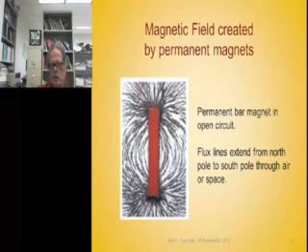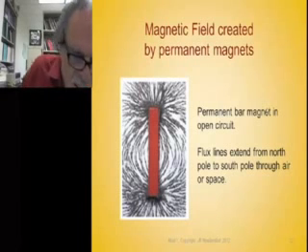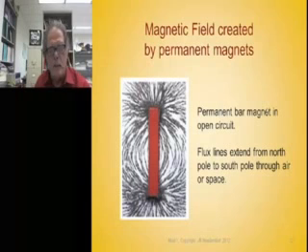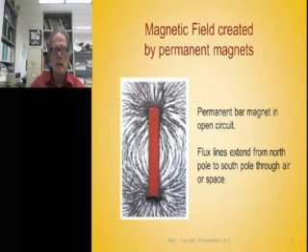Now, this force field is something you can't even see unless you put a piece of paper over the top of the magnet and sprinkle some iron filings on it, and then you see this pattern of flux lines here. Mathematically, we can't see this, but we can use mathematics and display it graphically using what's known as a finite element solver, and we can plot these flux lines in an equal potential plot, which we'll see some of those later.